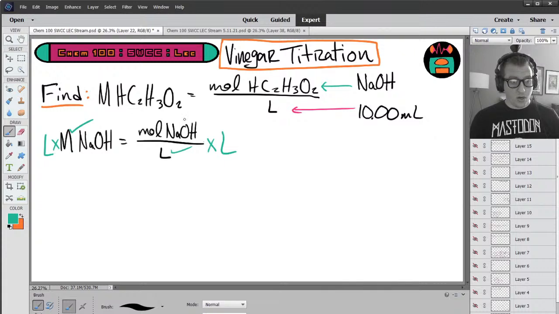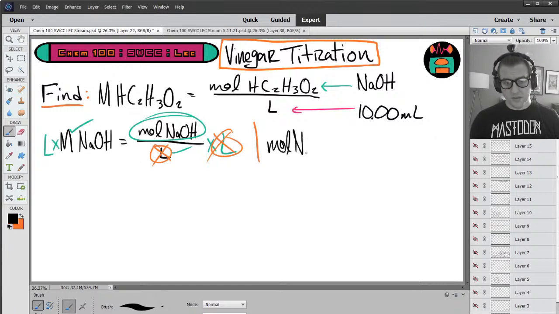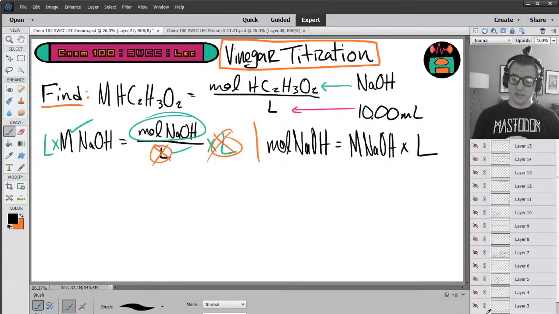So to find our moles of sodium hydroxide, we need to multiply both sides of this expression by its volume in liters. So we get a new expression. Moles of sodium hydroxide is equal to the molarity of sodium hydroxide times its volume in liters.